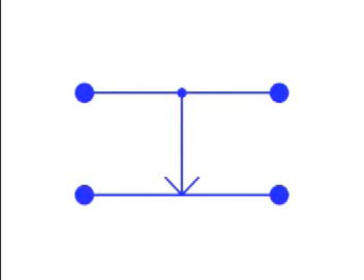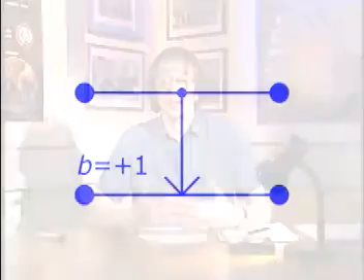Let me just summarize some of the ways in which we can think about what the controlled NOT gate does. First of all, if B equals +1, then considering it as a physical process, it's a perfect measurement.